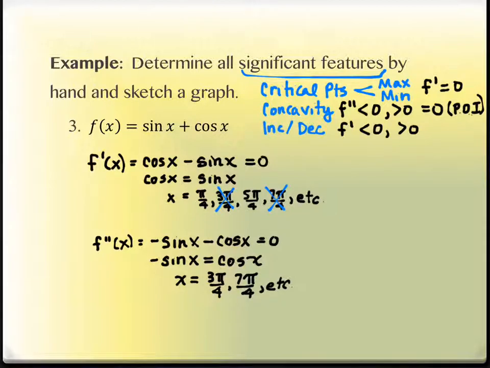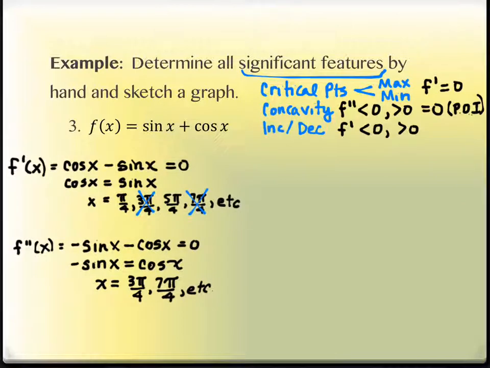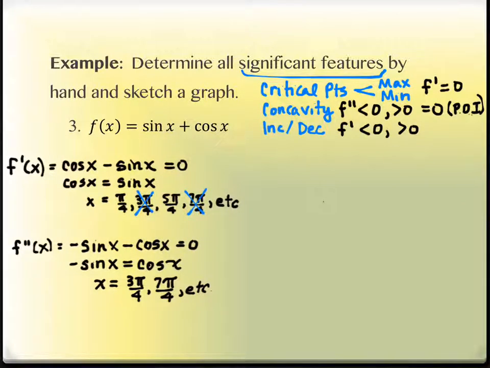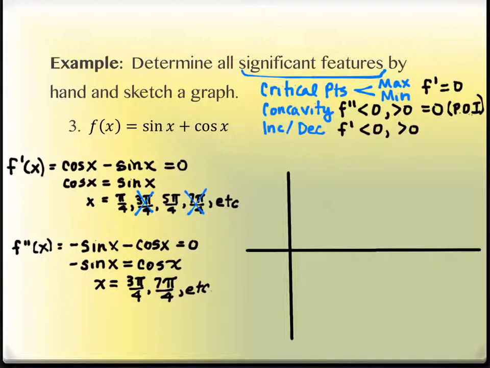Let's do some graphing, okay? Our point was to sketch a graph by hand. So let me move this to the side so I have some space to do that. So we're going to have our graph over here. We're not being told specifically how much of the graph we want to show, so we can show from 0 to 2 pi.